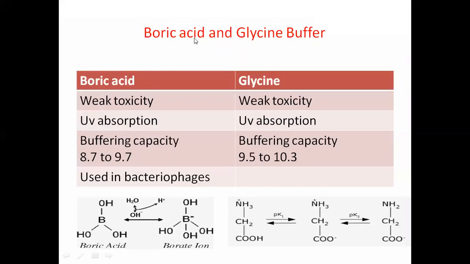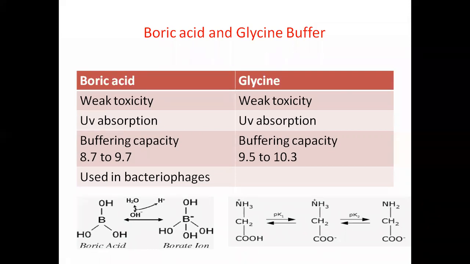And then there are other buffers called boric acid buffer and the glycine buffer. Actually, these two buffers are to be discussed separately, but as they have some common chemical characteristics, I have put them in a tabular column.